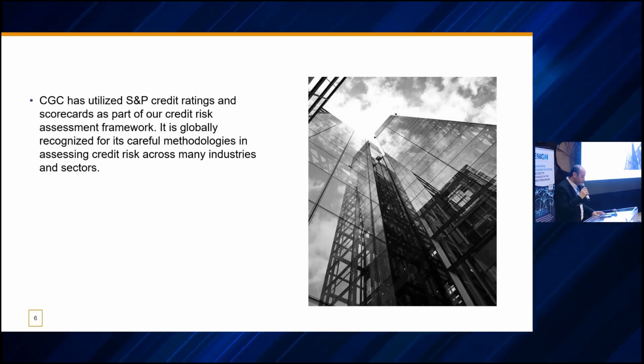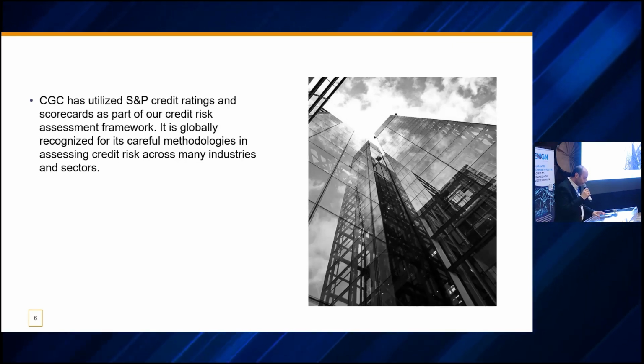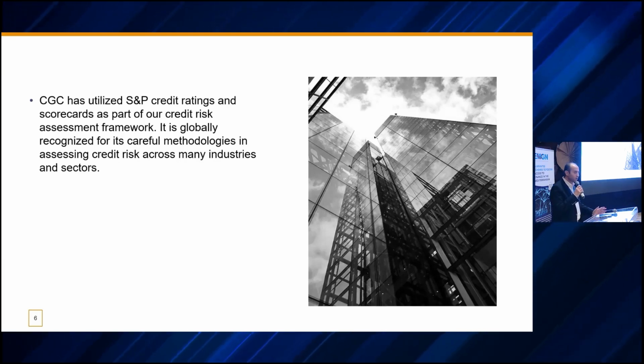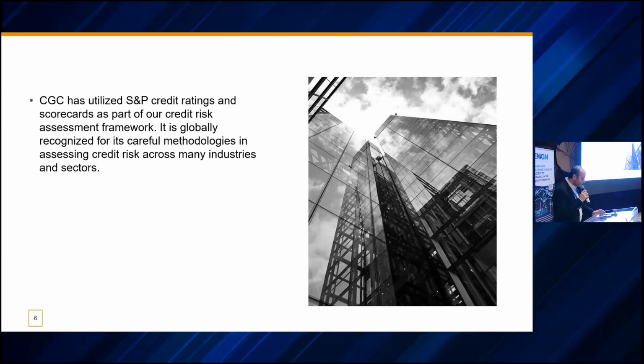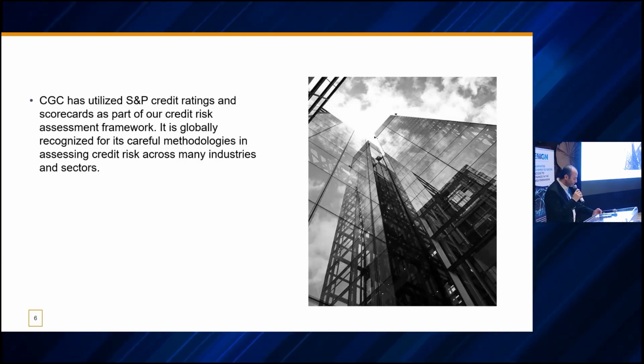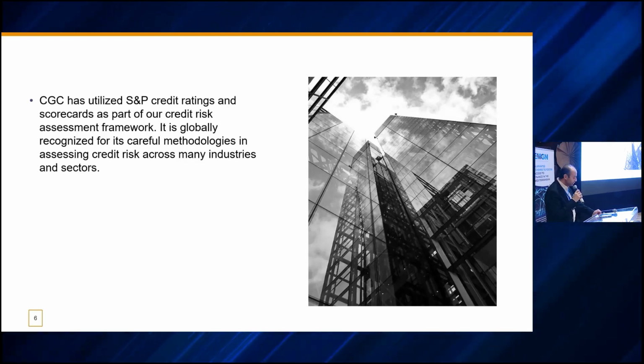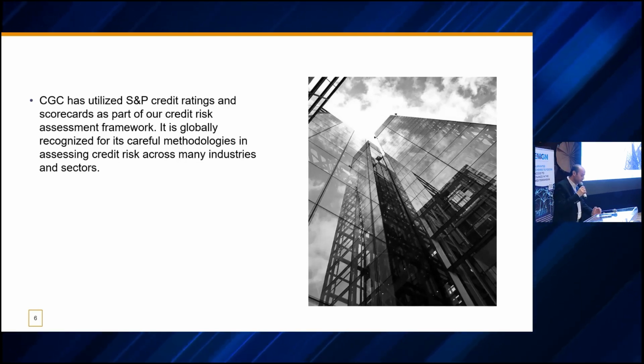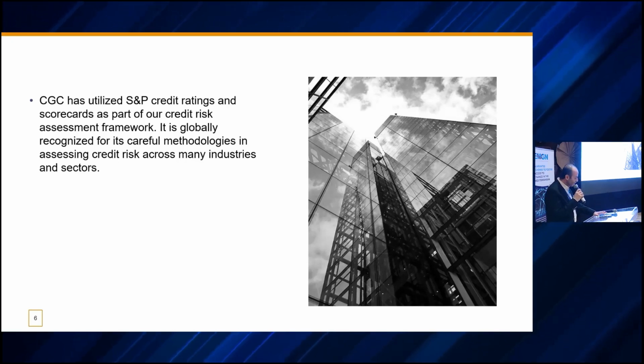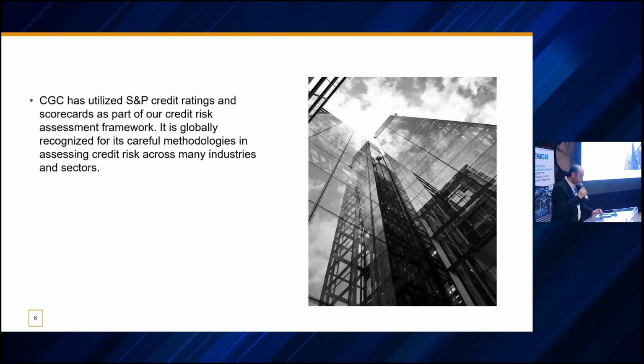The ECL model requires estimating the probability of default, loss given default, and exposure at default. So the ECL equation will be PD times LGD times EAD times discount factor.